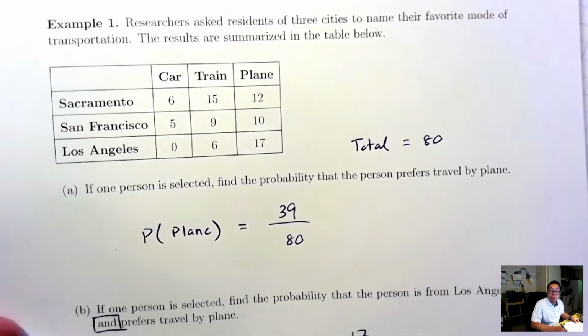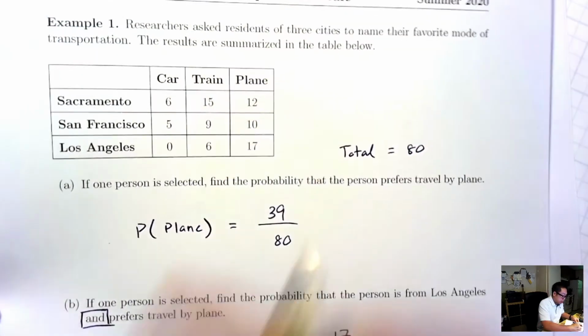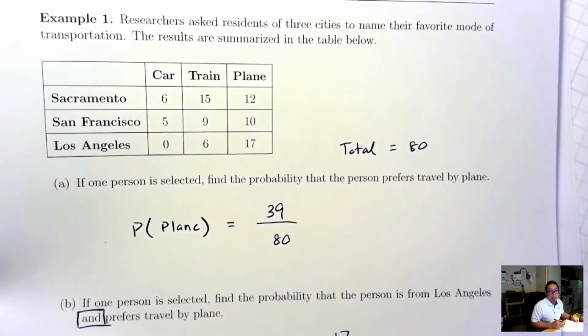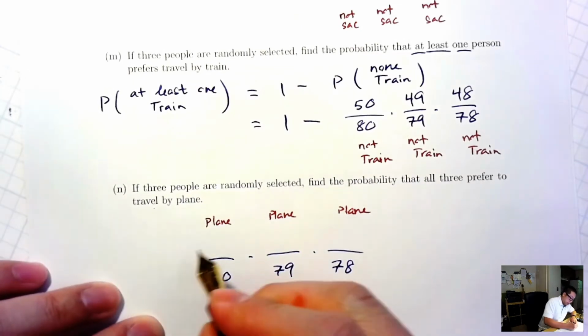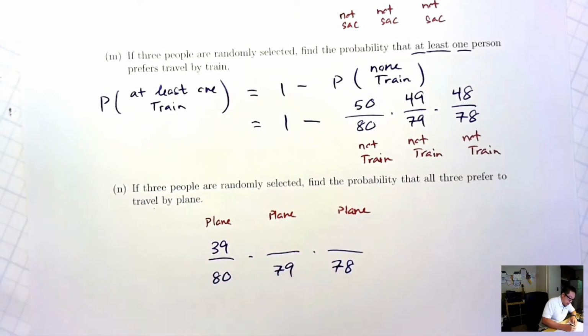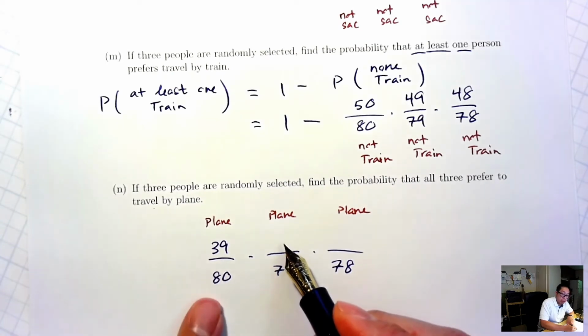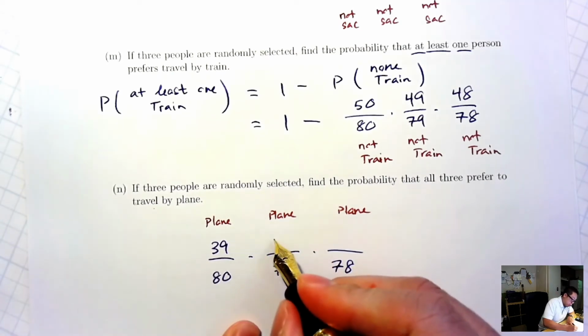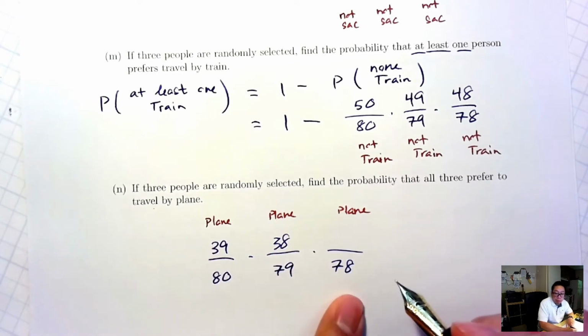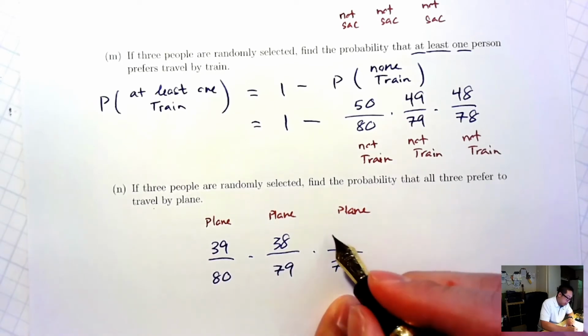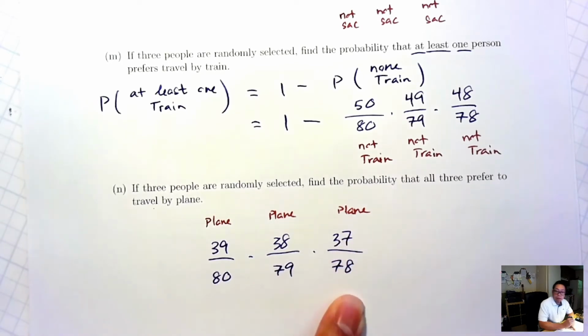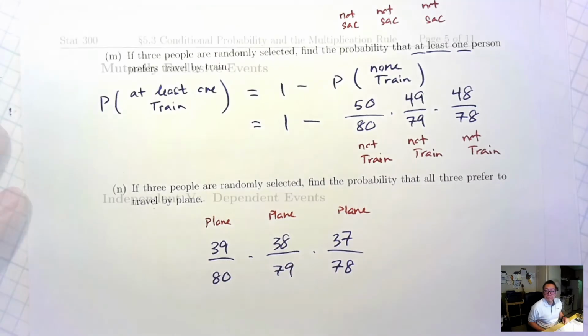Plane is going to be 12, 10, 17, which is 39. Second fraction, plane again, but keep in mind that I already used the plane already, so we should be down to 38. And then for the same reason, we should go down again to 37 because we used 2 planes already. So we should be down by 2.